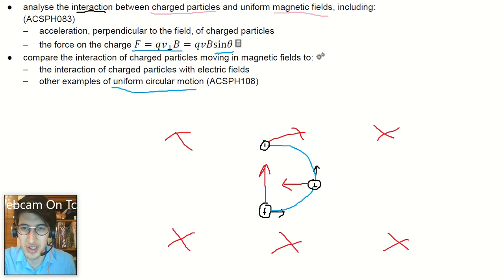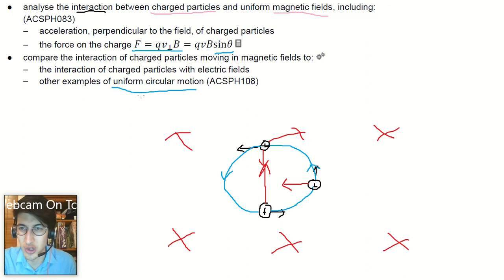Once it's in this position and its velocity is in this direction, now if we have velocity, positive charge, current is this way, fingers, magnetic field are into the page, my palm's pointing down, the force is now down. Because of that downwards force, it's going to curve again. And, surprise, surprise, eventually it joins up and it moves in a perfect circle.